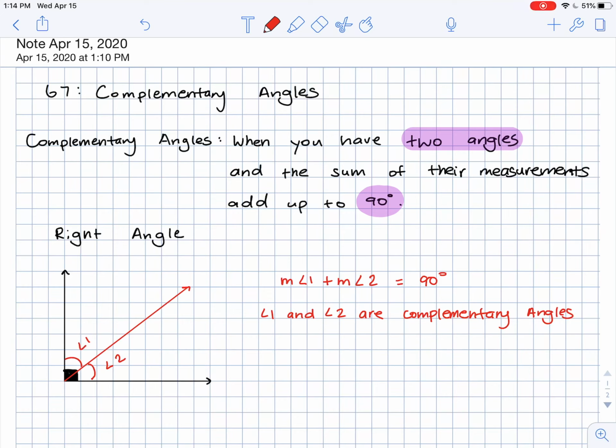Okay. Now, what I also know is that these two angles here are adjacent. They share a common vertex and they share a same side. Complementary angles do not have to be adjacent angles.